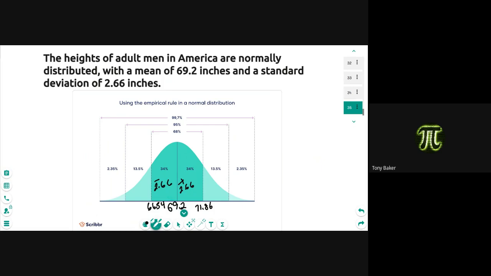So 68% of the people, or men, will be between 66.54 and 71.86 inches. That's what standard deviation means. Okay. So we can now determine that 68% of all men are going to be between those two numbers.